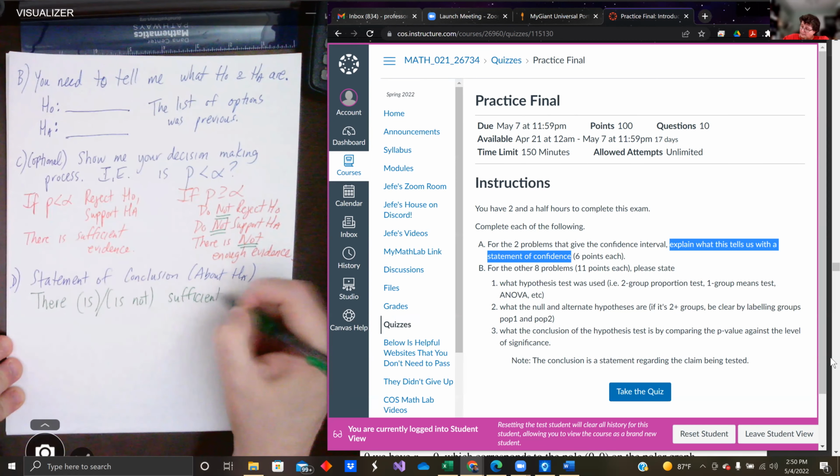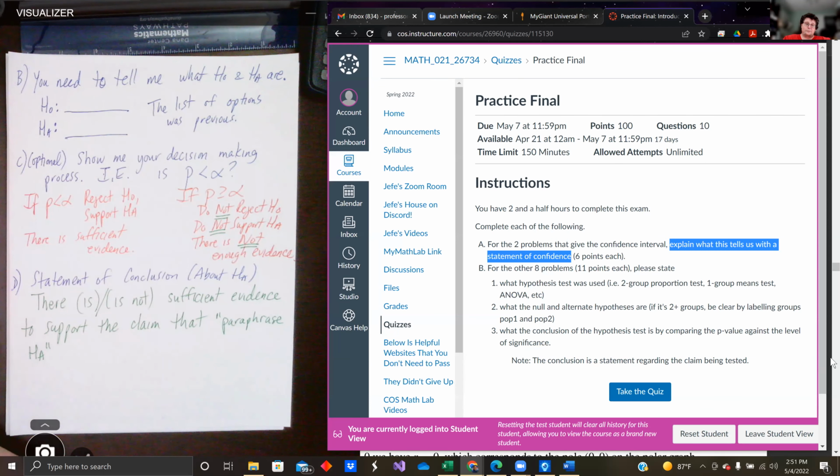So you'll either have there is sufficient evidence to support the claim, or there is insufficient evidence or not sufficient evidence. There is not enough evidence to support the claim about HA. And that's how it's going to go. And I'll give you an example of each. Well, we'll go through some of the examples.